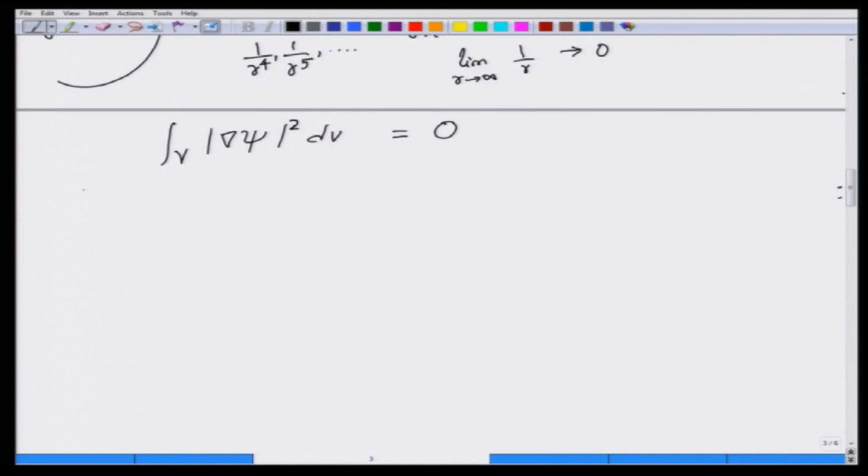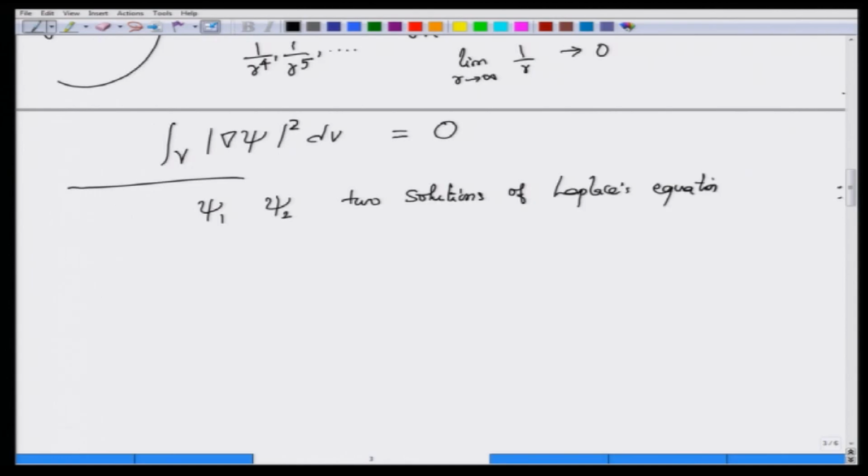Now, let us get back to the potential function. Let us say that psi 1 and psi 2 represent two solutions of Laplace's equation, which have been found by two different methods. For example, psi 1 was found by you, psi 2 was found by your friend.